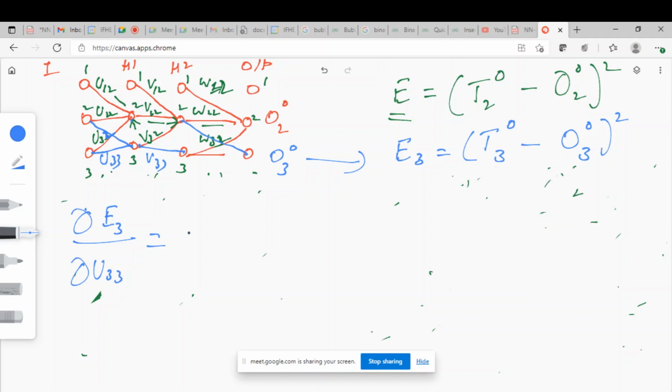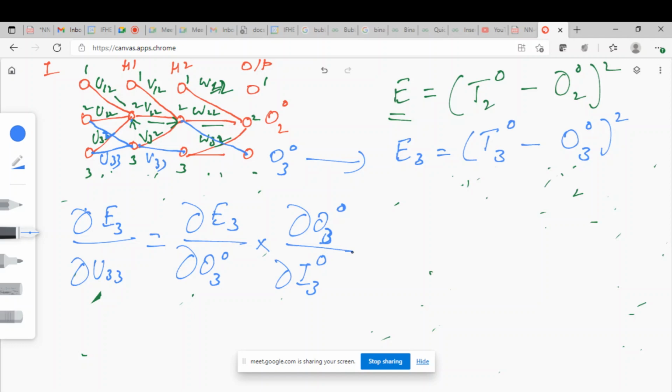∂E3 depends on ∂O. No, why are you going to hidden layer? This is output O3O. All output depends on its own input. Only input depends on what? Previous layer's output.